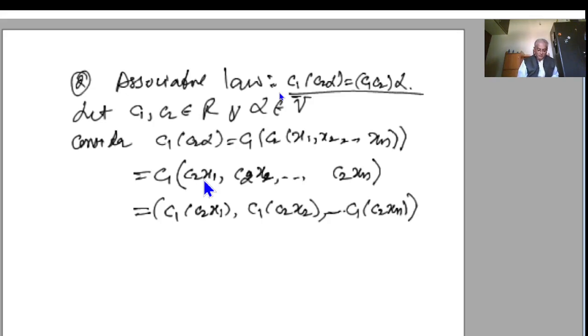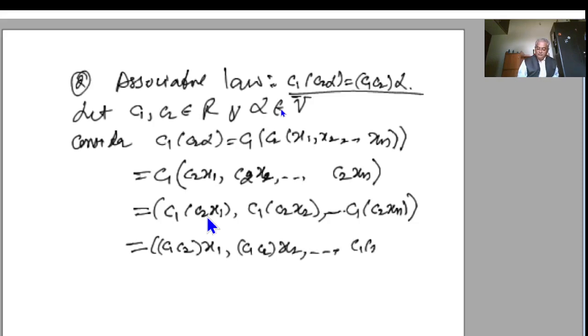Here c1, c2 and x1 belong to R, and in R the associative law holds. So this can be written as c1 c2 into x1, c1 c2 into x2, c1 c2 into xn.